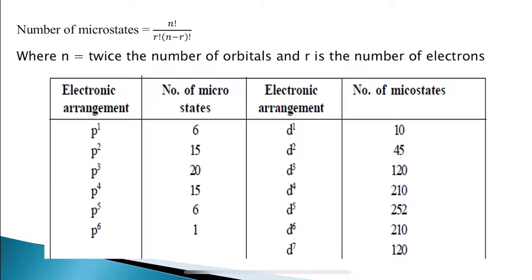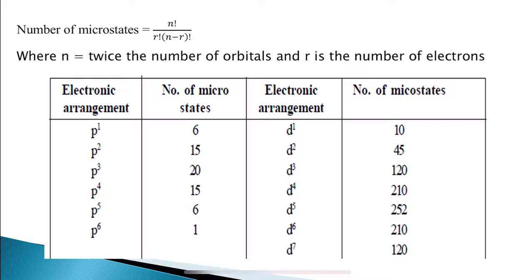The number of microstates can also be calculated using another formula: the number of microstates equals n over r, where n means twice the number of orbitals and r is the number of electrons.